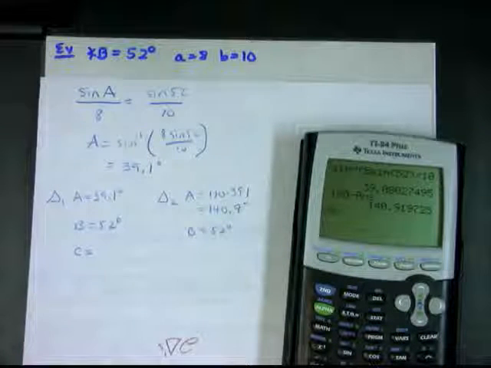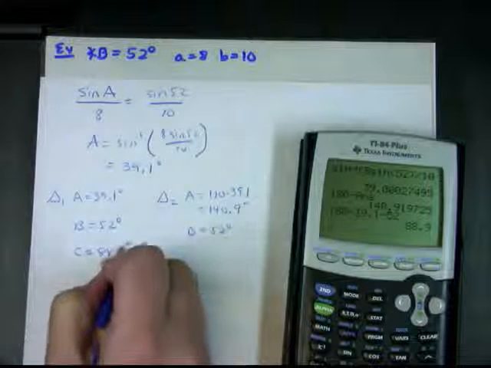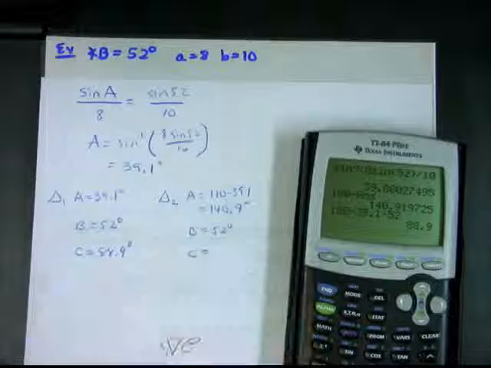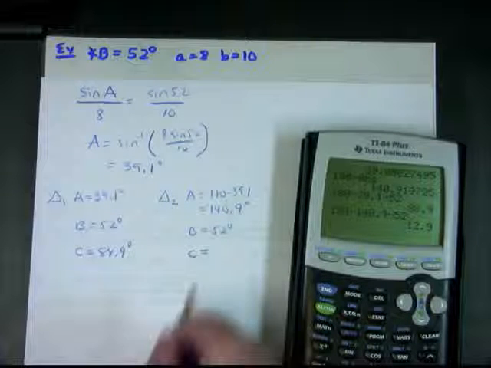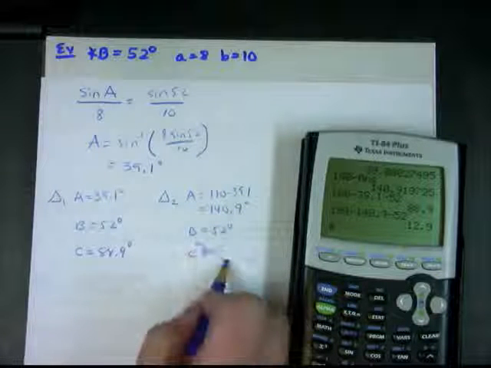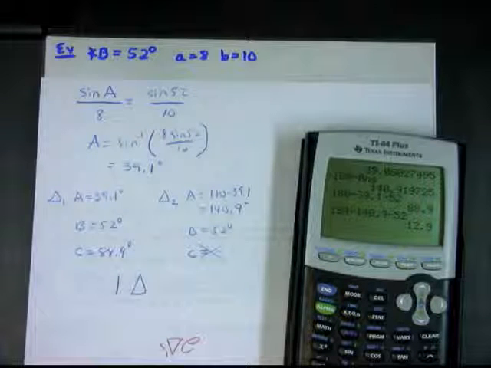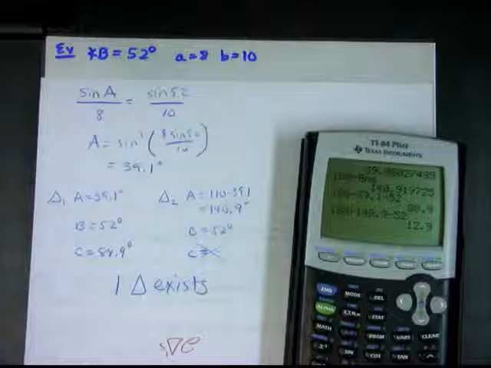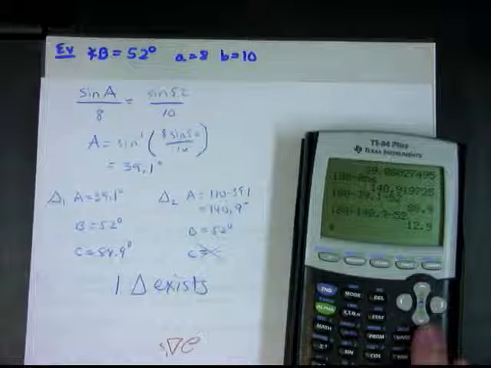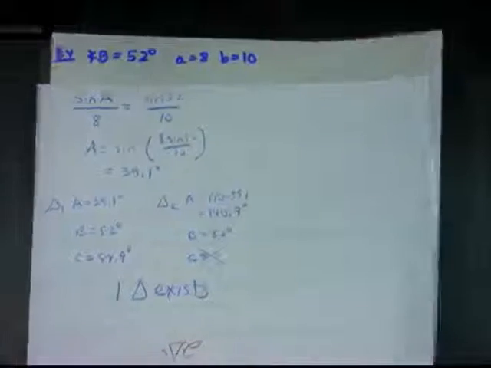Angle C then is 180 minus those, which is 88.9 degrees for triangle 1. For triangle 2, when I subtract 140.9 and 52 from 180, I get a negative. That can't happen. Therefore, triangle 2 does not exist. Only one triangle exists. So again, just that simple. It didn't add up to 180, so it doesn't work.